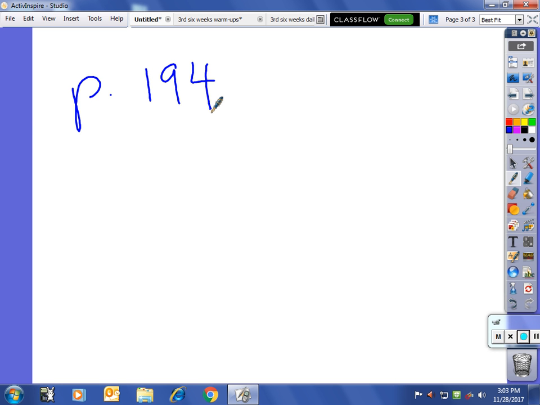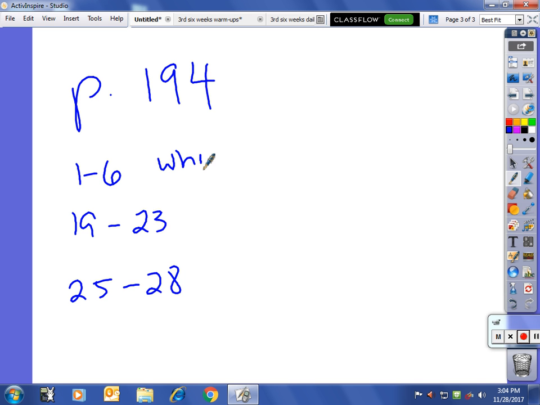So on page 194, I want you to do 1 through 6, 19 through 23, and then 25 through 28. 1 through 6, those should be whole number answers, and there should be 2 answers apiece for all of those.